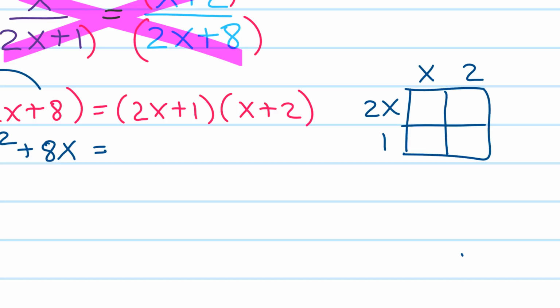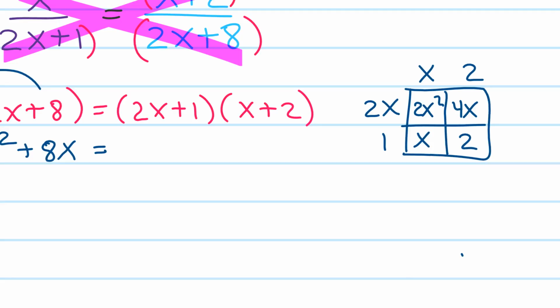What is 2x times x? 2x squared. Good. And what is 1 times x? 1x. And what is 2 times 2x? And what is 2 times 1? Hold on. What are my like terms here?